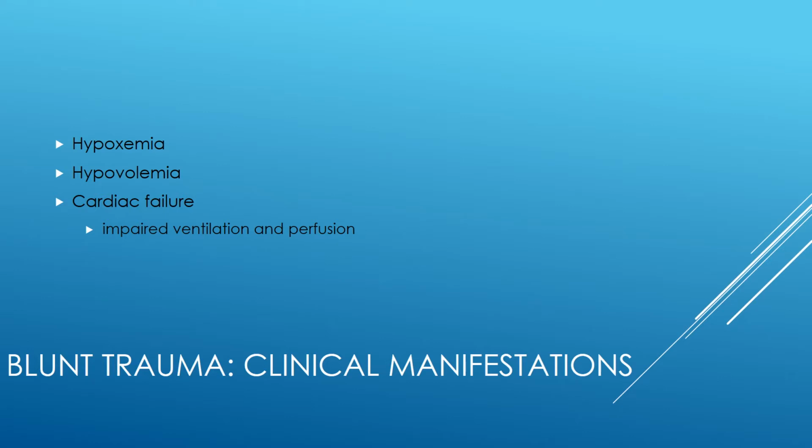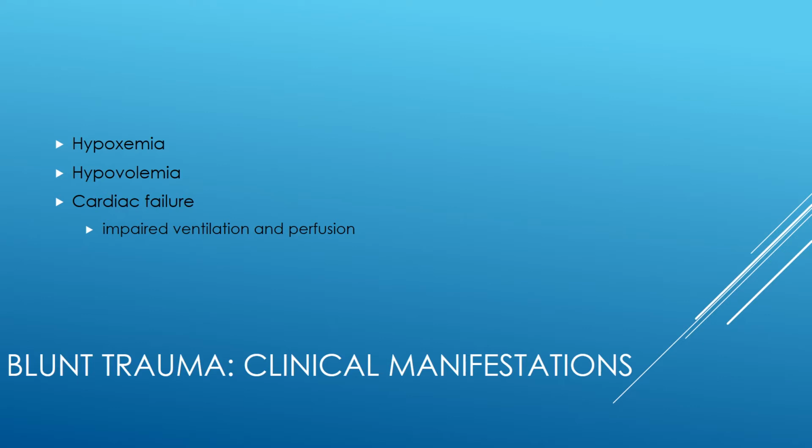Here is what can occur with blunt trauma. Patients become hypoxic because there is some injury to the lung, the ribs, or some area of the airway. They can become hypovolemic because, like I was just explaining, of all the great vessels in the chest cavity. If they are ruptured or injured, patients can bleed, have massive hemorrhage, and exsanguinate, so they become hypovolemic.